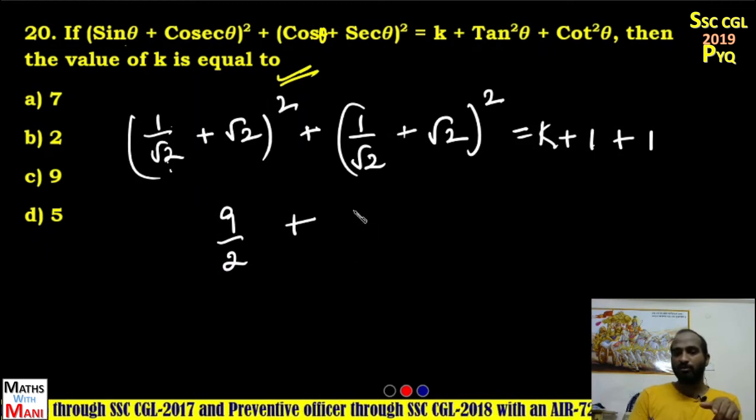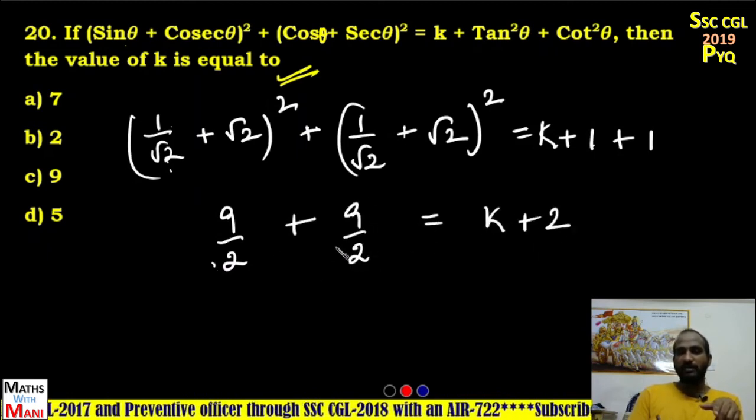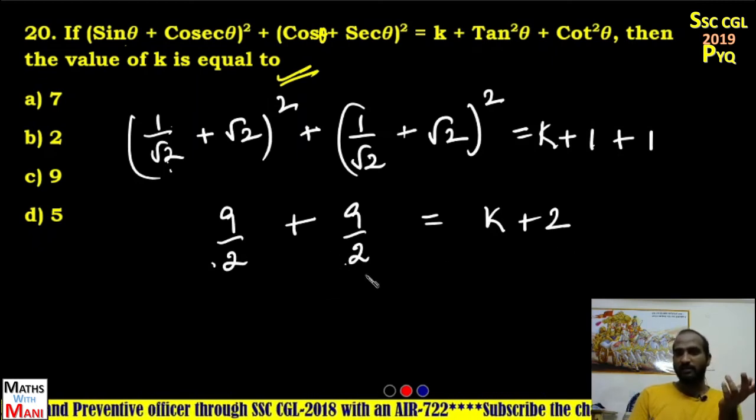Here also 3 by root 2 whole square means 9 by 2, equal to k plus 2. 9 by 2 plus 9 by 2 means 9. 9 minus 2 is 7.